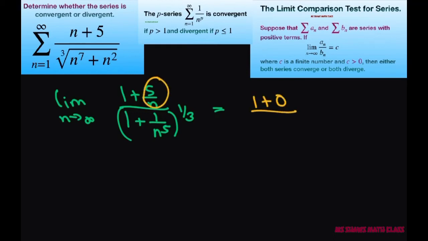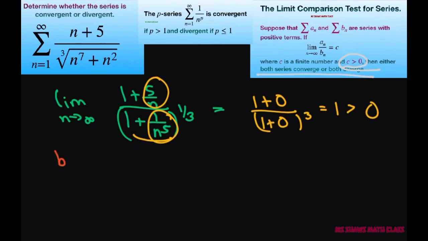The denominator, this is going to go to 0 as well, so you get 1 plus 0 to the 1/3 power, and that equals 1, which is greater than 0. So all this means is that since it's greater than 0, either both series converge or both series diverge.